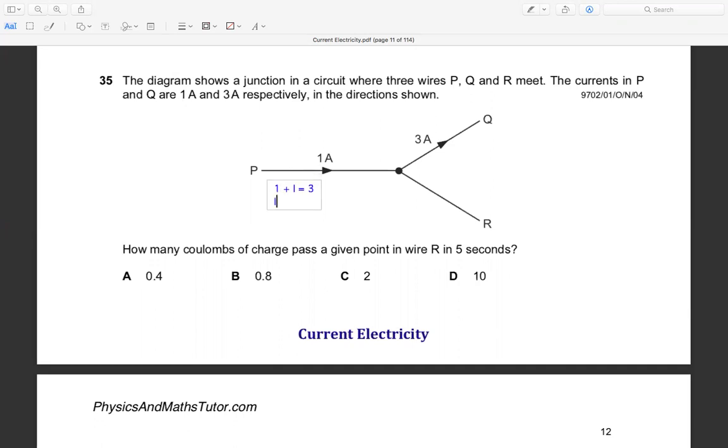So we get I is 3 minus 1, 2 amperes. This is the current I on the wire R.